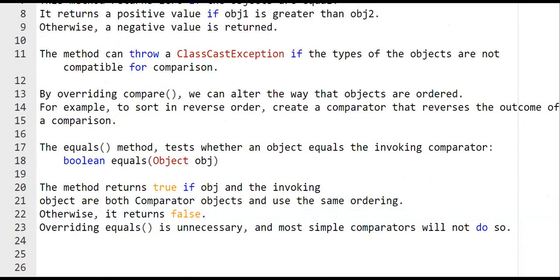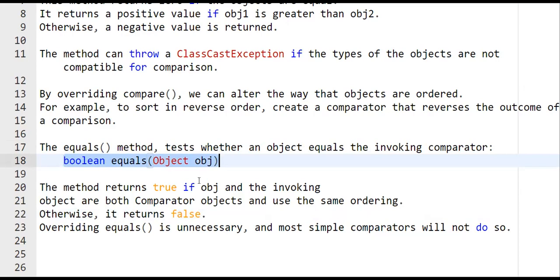The syntax is boolean equals(Object obj). This is the syntax of the equals method. This particular method returns true if the object and the invoking object are both Comparator objects and they both use the same ordering mechanism. Otherwise it will return false.